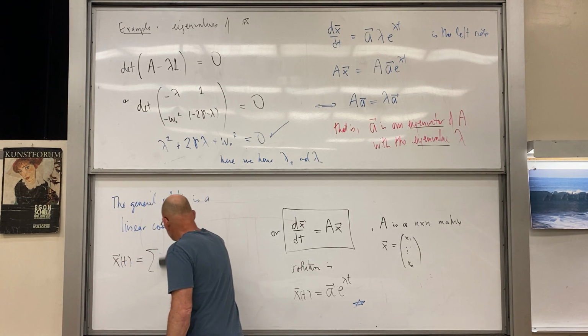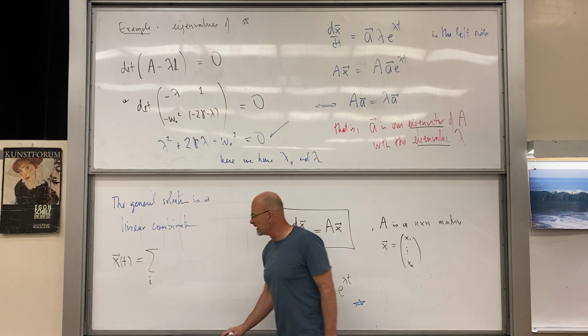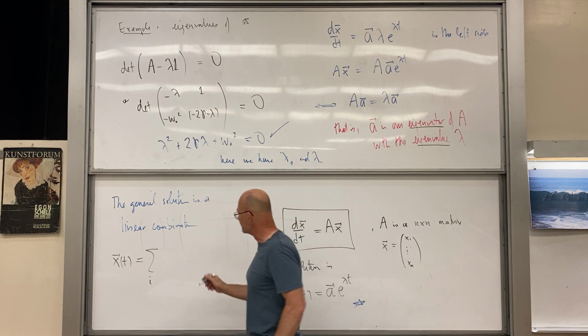Actually it's going to be a linear combination, so I'm just summing, in this case, 2 vectors, in the general case, n of them.